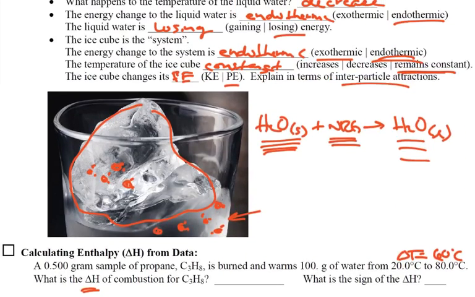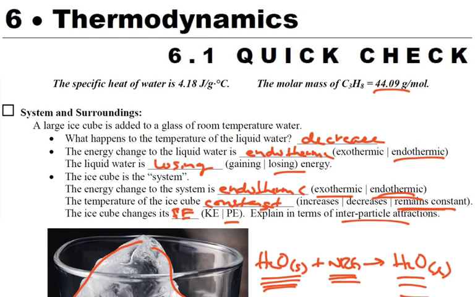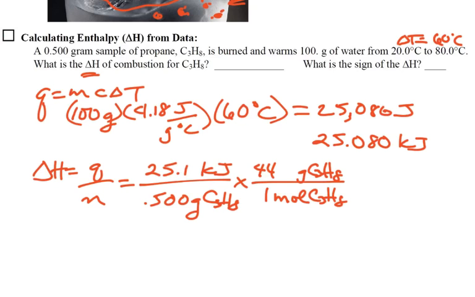Up at the top of the page we have that it's 44.09 grams per mole. And the grams drop out, and I'm going to get kilojoules per mole. And I get 2,213 kilojoules per mole.